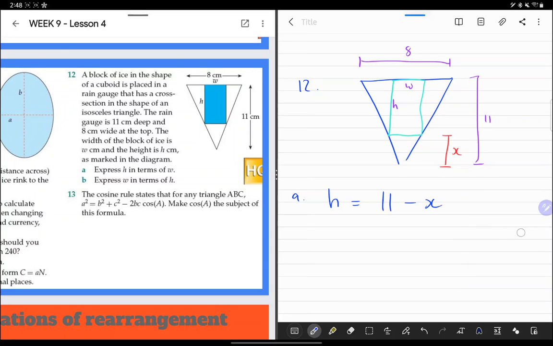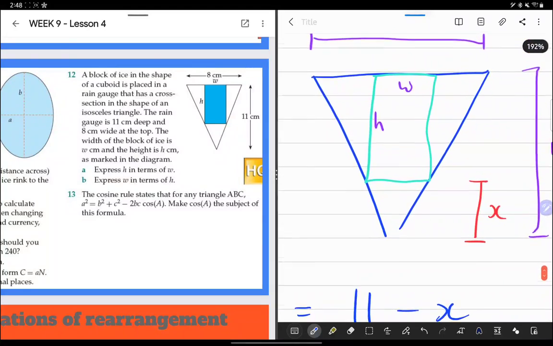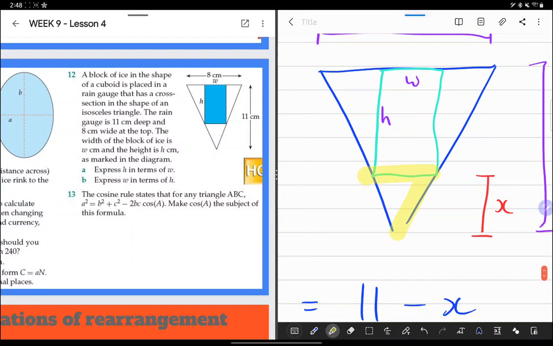Now, here, this triangle here, because this is an isosceles triangle, we know that this is going to be the same kind of shape. It has the same proportions as this big triangle here. It's just a smaller version of it.